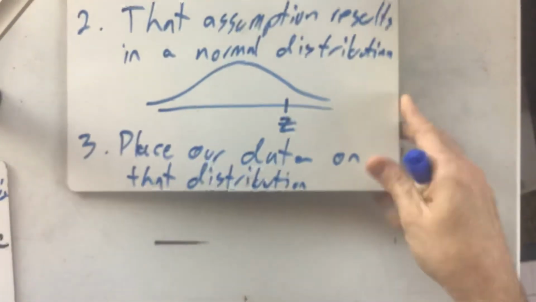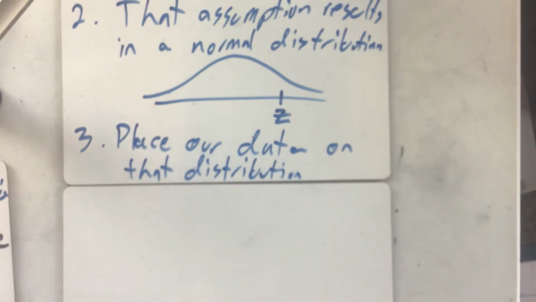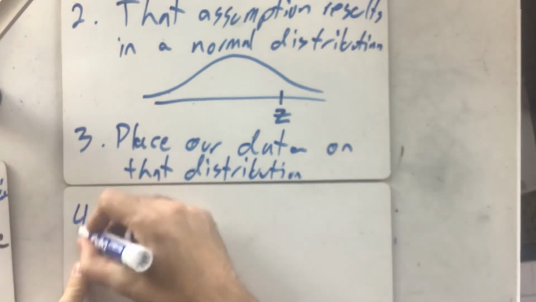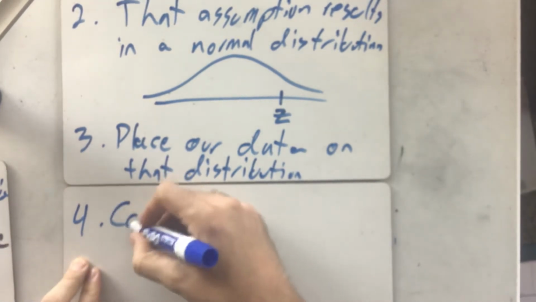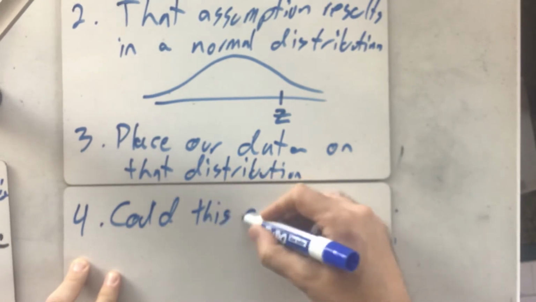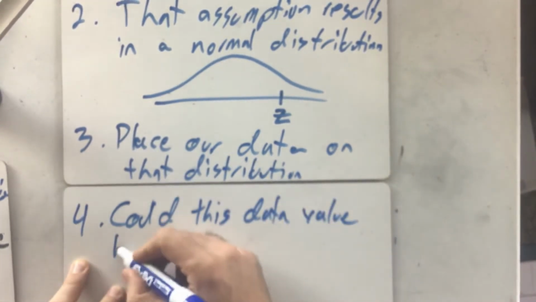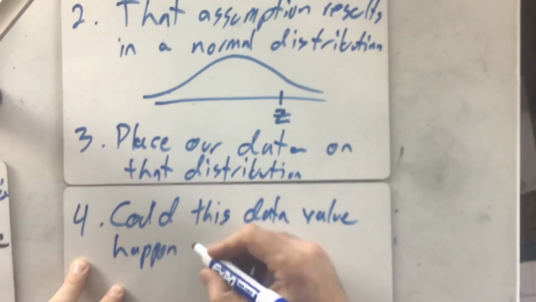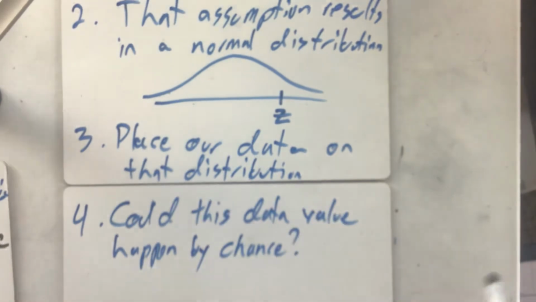So if I come over here and look at my picture, then I've placed our data on the distribution, and the next thing I do is I ask, could this have happened by chance? And that's really the problem. That's really what we're asking. Could this data value have just happened by chance?